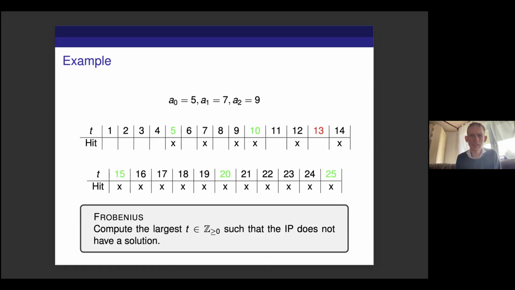For instance, I can recommend the book of Alfonsín. It covers 400 sources of papers which only study the Frobenius problem, like bounds on the Frobenius numbers, upper and lower bounds, and different generalizations. So there's really plenty to look at.